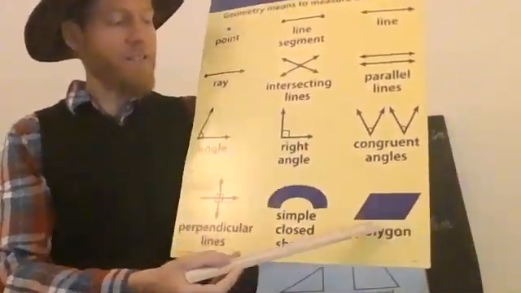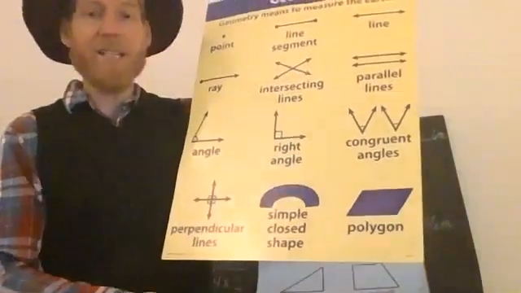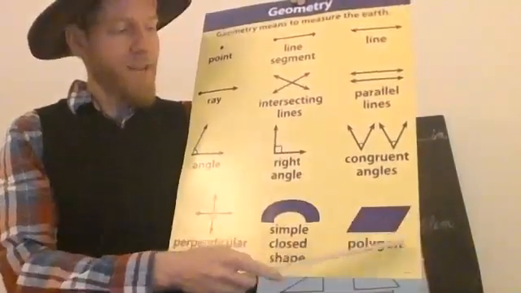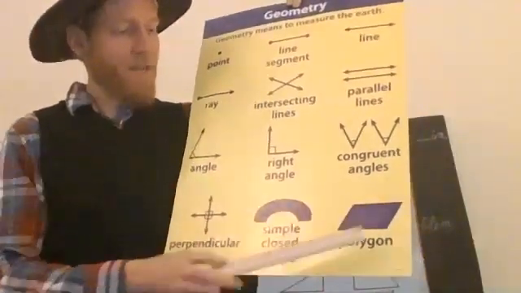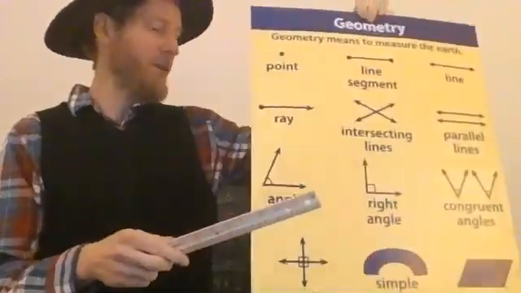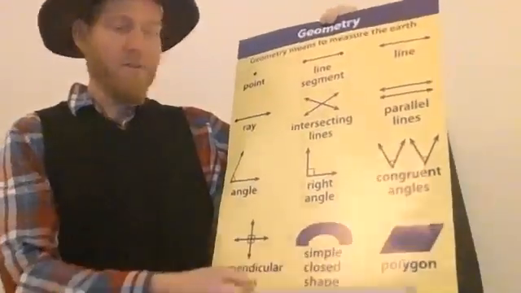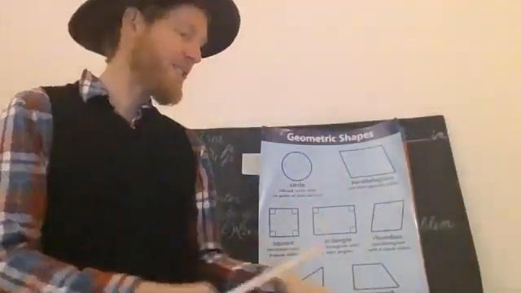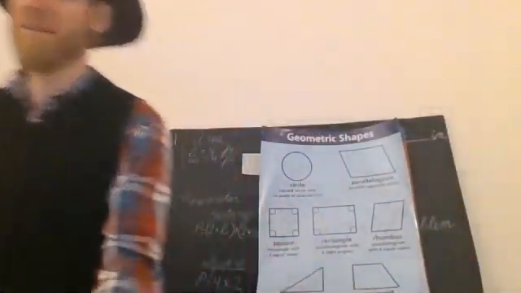A polygon is any shape made up of line segments. And so there's a segment here, there, and there, and they all make, this could be any shape. Any of the shapes that we've learned are all polygons, but they're particular kinds of polygons. So then we go to these.